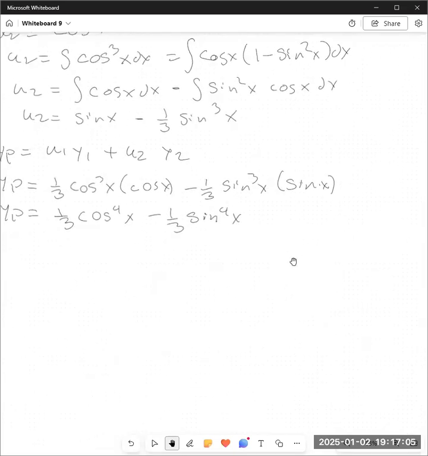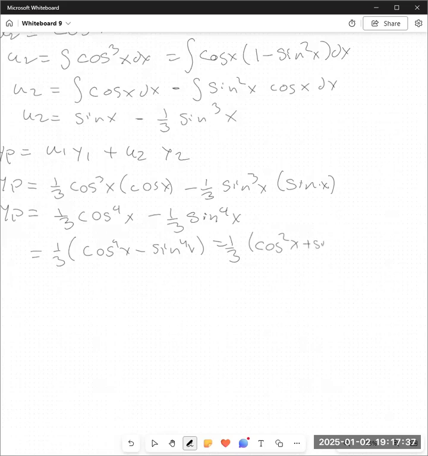I'm actually going to just go ahead and do some factoring here to help myself out. So this is going to be 1/3, and then cosine to the 4th x minus sine to the 4th x is cosine squared plus sine squared times cosine squared minus sine squared.